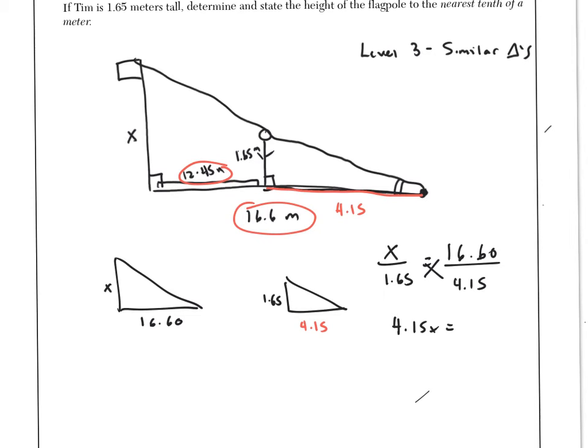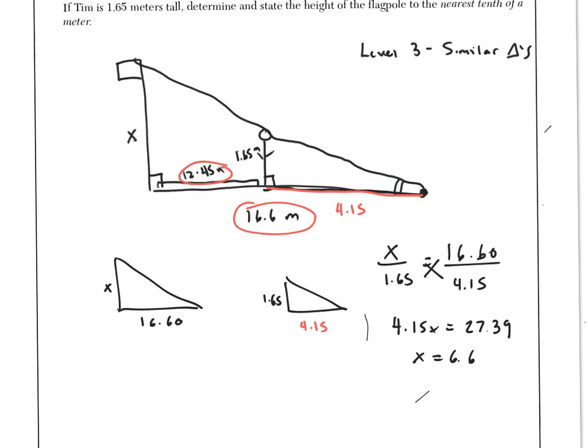Let's put it in. 16.6 times 1.65, that's 27.39. That doesn't make sense. 16.6 times 1.65. Oh, okay. And then we just divide by 4.15, and we get x is equal to 6.6.